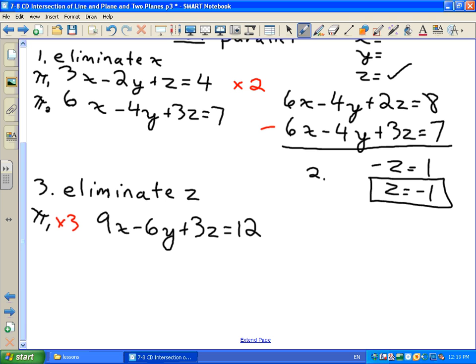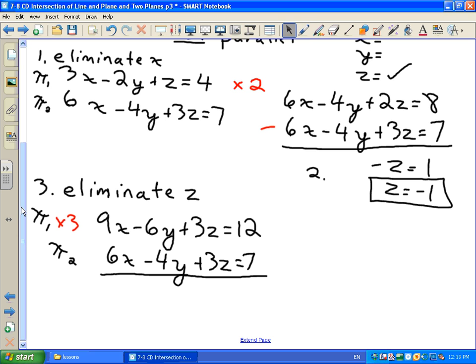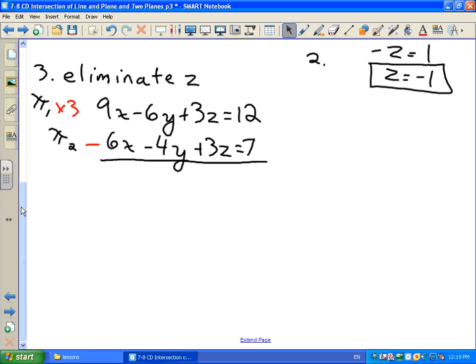And we'll keep plane 2 the same, 6x minus 4y plus 3z equals 7. We are going to subtract these two equations. When we subtract them, we get 3x minus 2y equals 5.